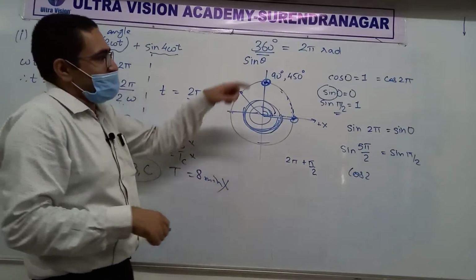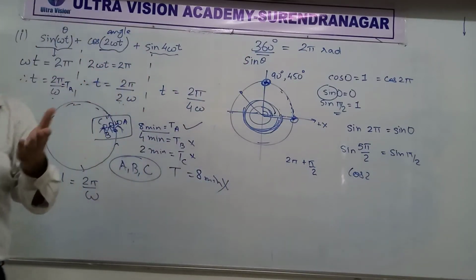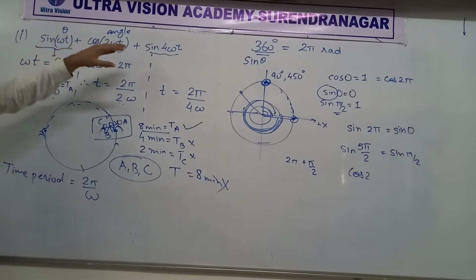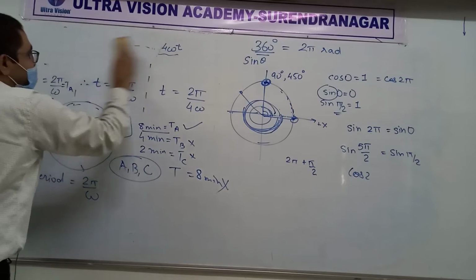So everything gets repeated after 360 degrees, not after any other angle. Okay, that's all. Right. So that's how, by looking at equations, you learn to identify whether it is periodic or not. Okay. Now third one.